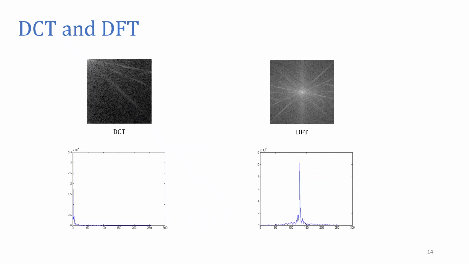Now, this is the output we get for applying DCT and DFT on an image. For DCT, we could see that the energy concentration is mostly at the corner. And for the DFT, the energy concentration is mostly at the center part of the image. The corresponding histogram is given.